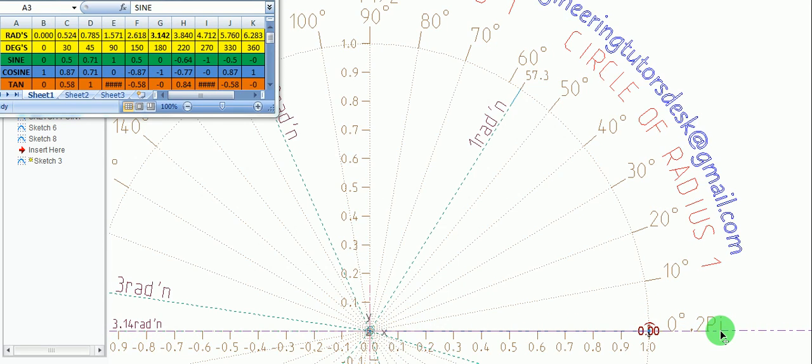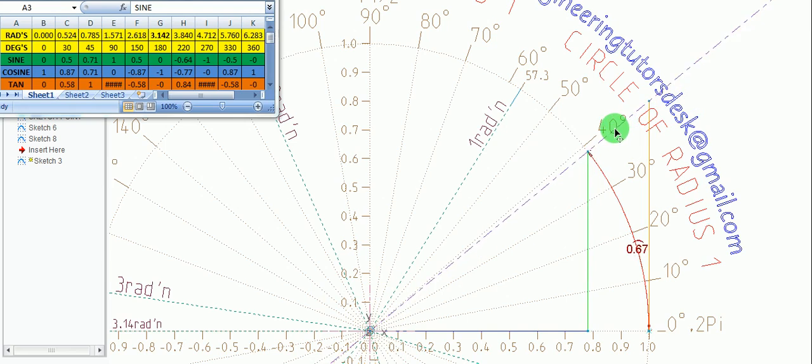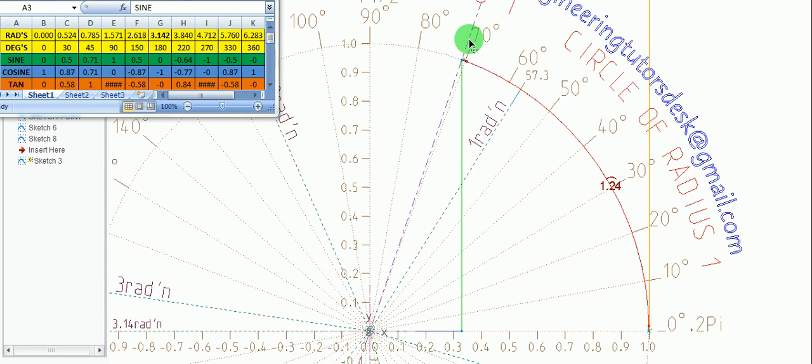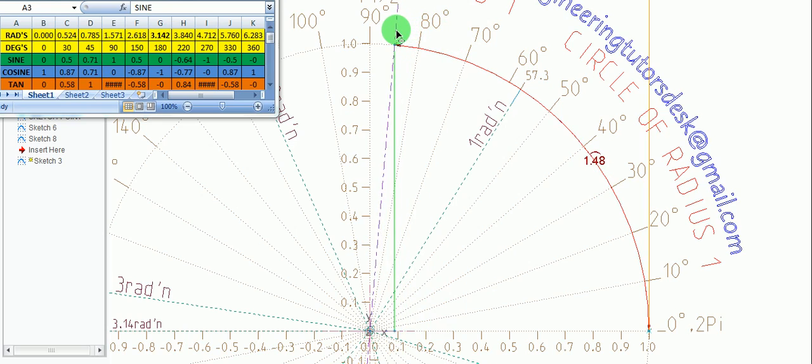When we go on increasing the angle, the cosine length will go on reducing. And when we reach 90 degrees, the length of the cosine will disappear and it takes 0 length.